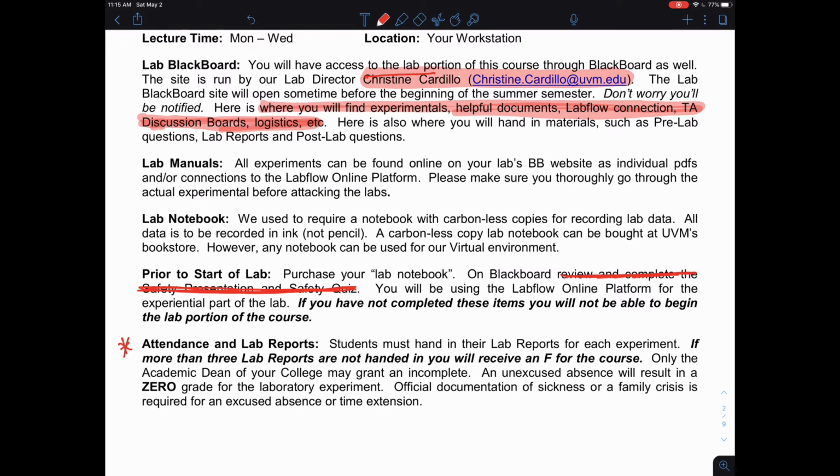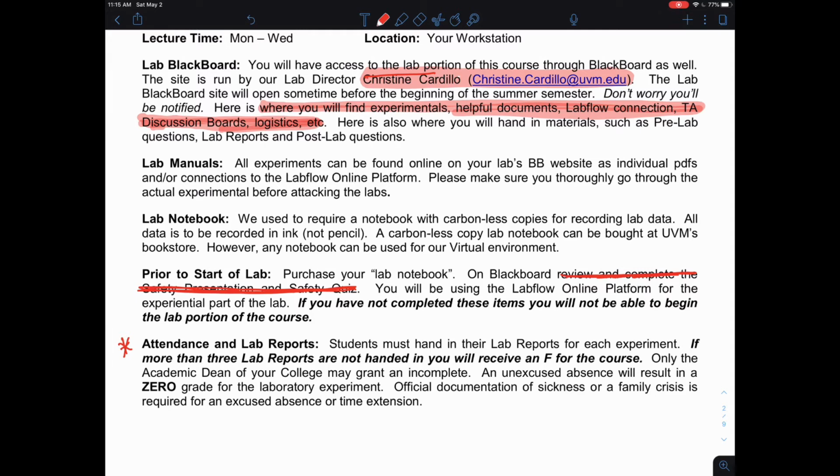So we're allowing lab reports to be handed in on the Sunday of the week. So lab 1 on Monday, lab 2 on Tuesday, lab 3 on Wednesday could all be handed in on Sunday. But you need to do the pre-labs for those on those specific days. You have to check in.